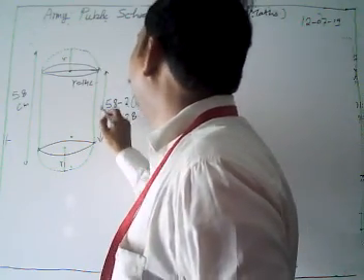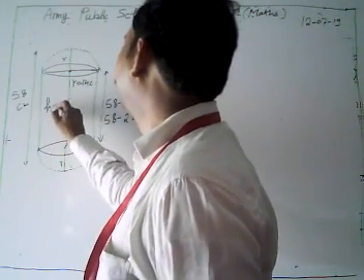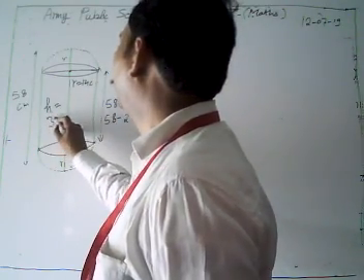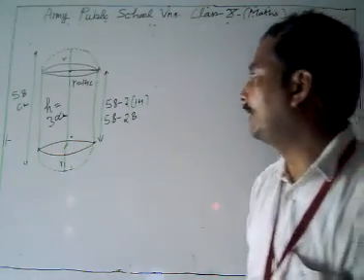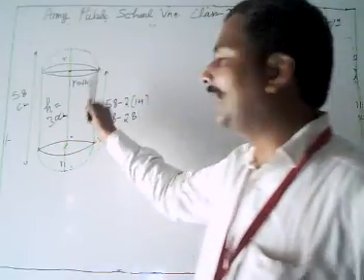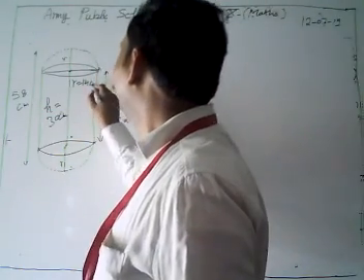H is equal to 30 cm. The radius of the cylinder and of the hemisphere are the same, r is equal to 14 cm.